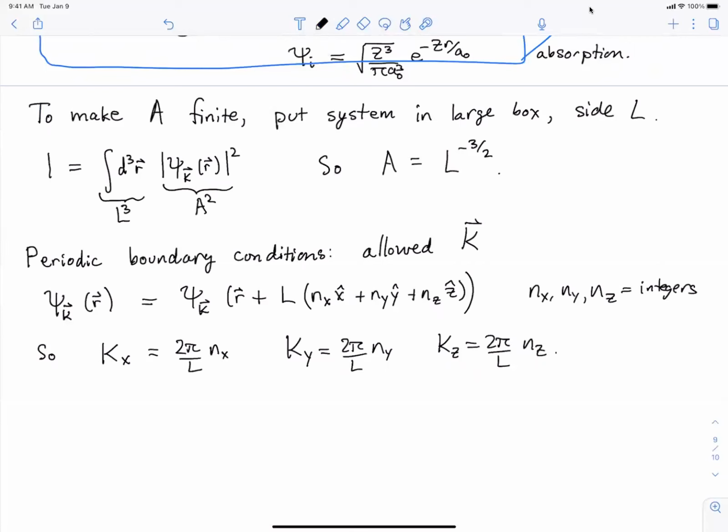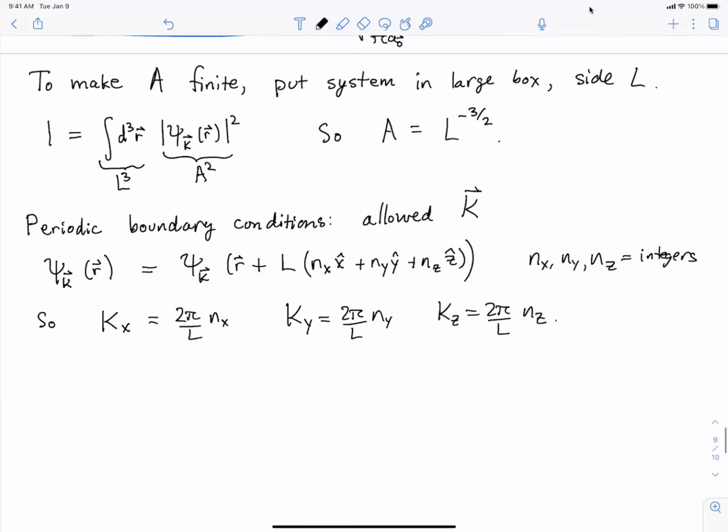And so we recover the continuum limit where all K's are allowed when we take the limit L goes to infinity. And if we're taking L to be 1 light year, we'll never notice the difference between continuous and the discrete things that are very closely spaced.